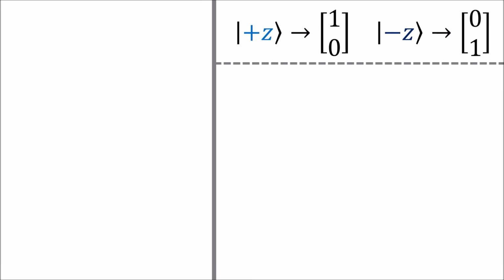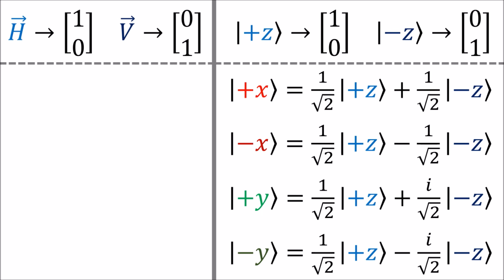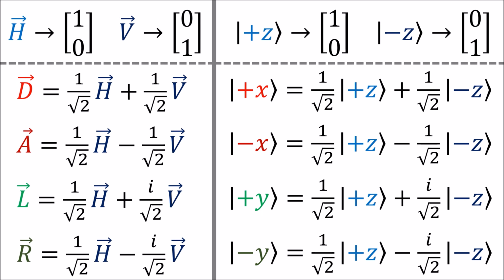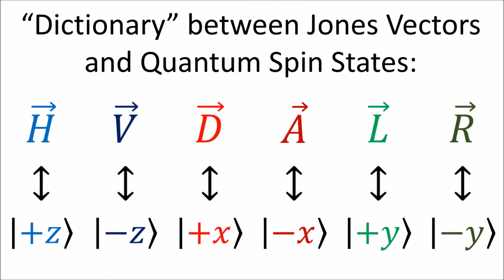So if we look at all the quantum superposition formulas we've written so far, these relationships exactly match the formulas for the Jones vectors we saw in the previous 2 videos. We can flip back and forth between them using this dictionary.